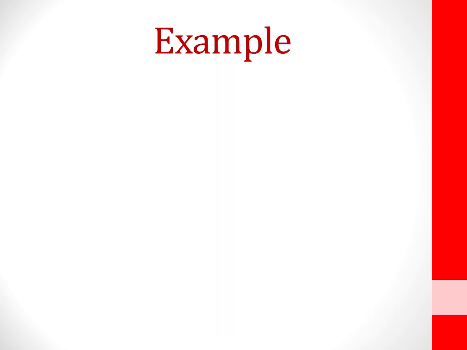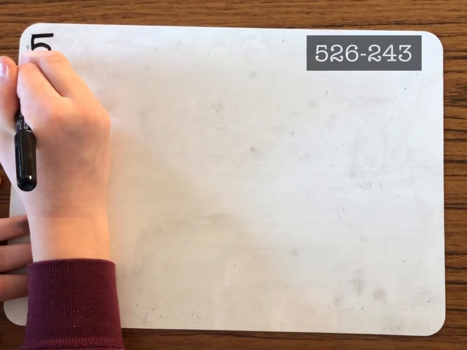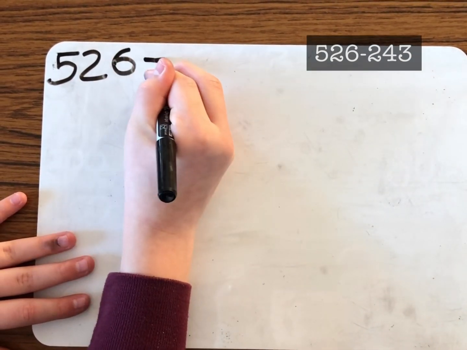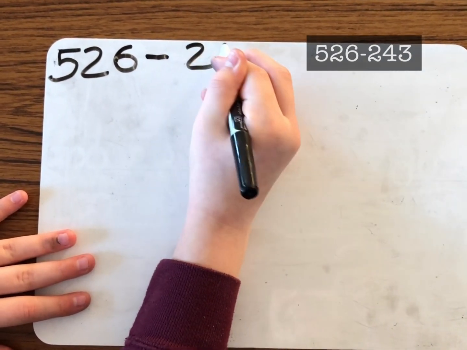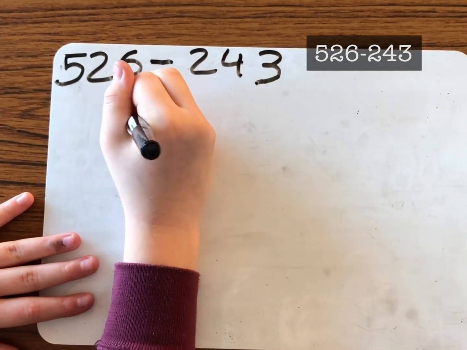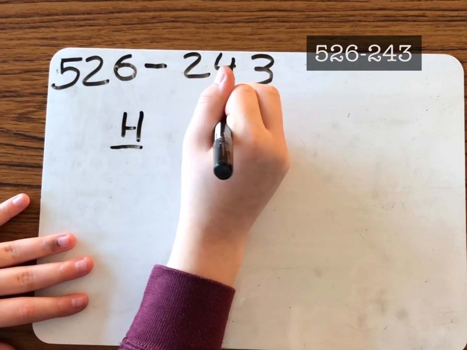Let's now look at an example of this by one of our pupils. Okay, we are going to look at subtracting 243 from 526. Now, first of all, she's going to partition her numbers into hundreds, tens and ones.